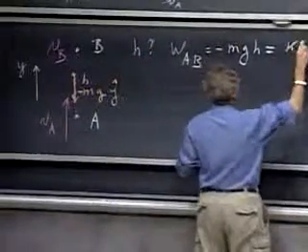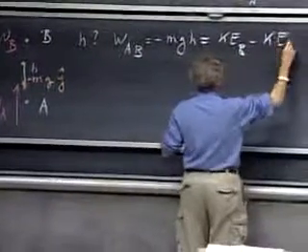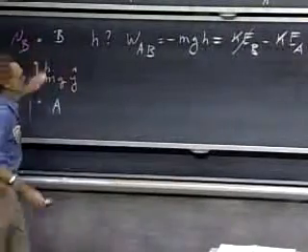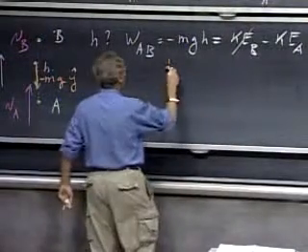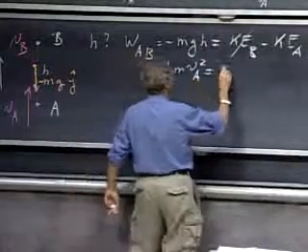That must be the kinetic energy at point B minus the kinetic energy at point A. The kinetic energy at B is 0 because it comes to a halt here. And so you find that 1/2 m VA squared equals mgh.